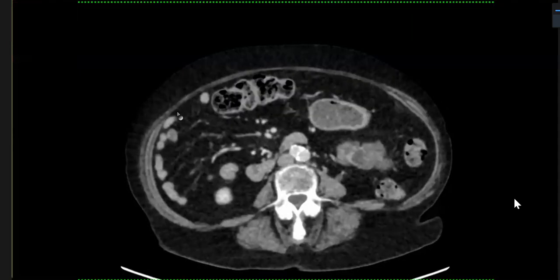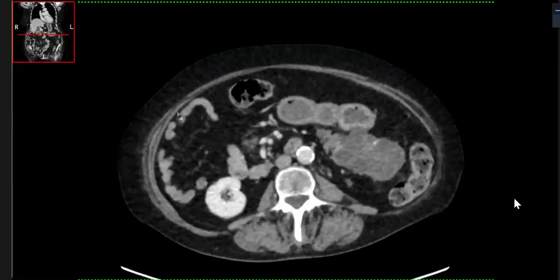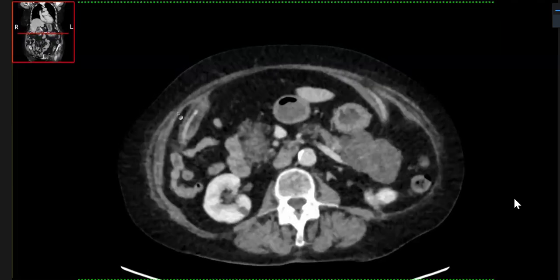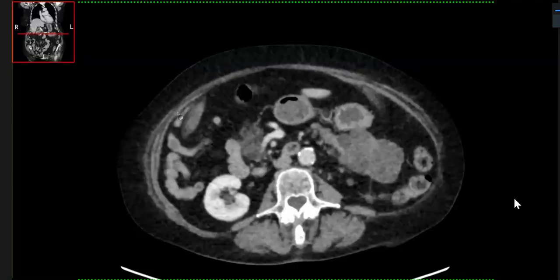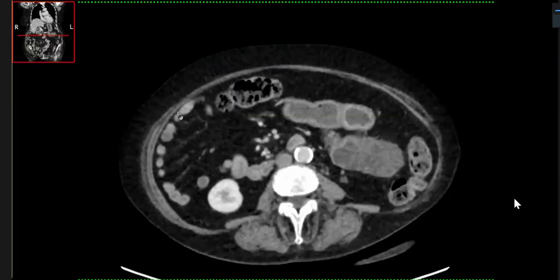There is no surrounding fatty stranding, no peripancreatic collection. Pancreatic duct is not significantly dilated.